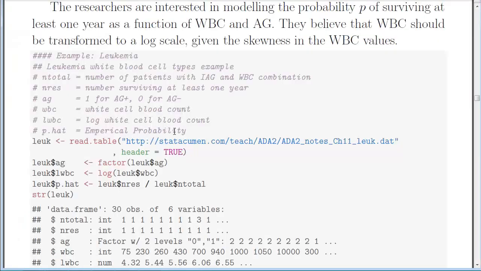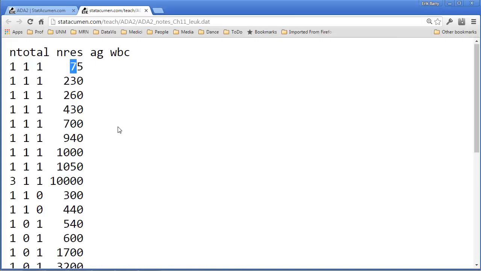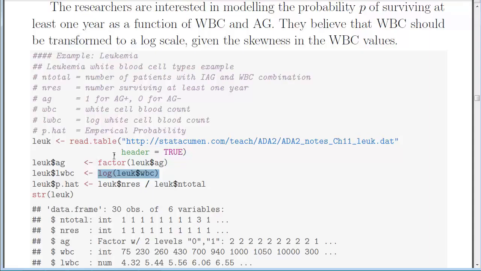To that, we're going to make the AG status a factor variable. We're also going to look at the log of the white blood cell count, because you can see sort of the growth here, almost powers of 10 happening. So taking the log will be helpful here.